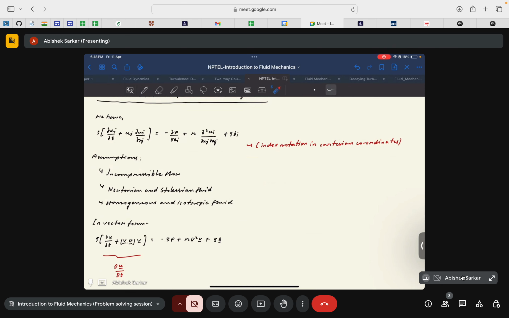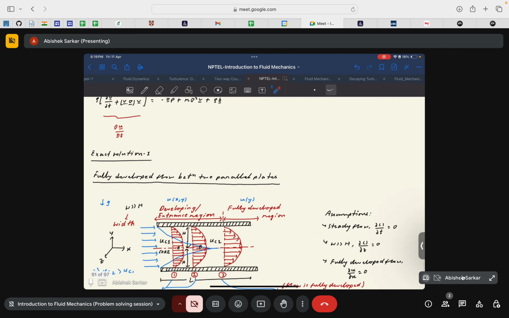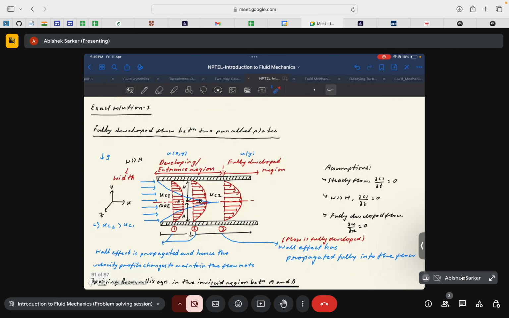I reiterate again and again that the vector form of the equation is valid for any type of coordinate system, be it Cartesian, cylindrical, or spherical. But this index notation, at least in this case, is specifically designed for the Cartesian coordinate system. That's why this form of equation is only valid for the Cartesian coordinates. So let us discuss this first.